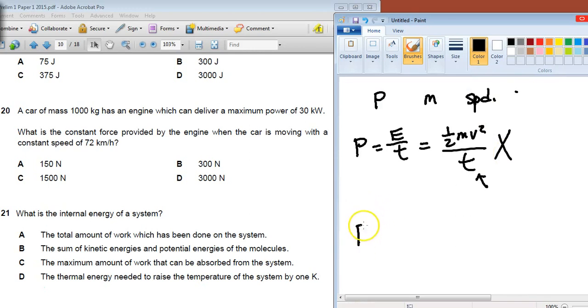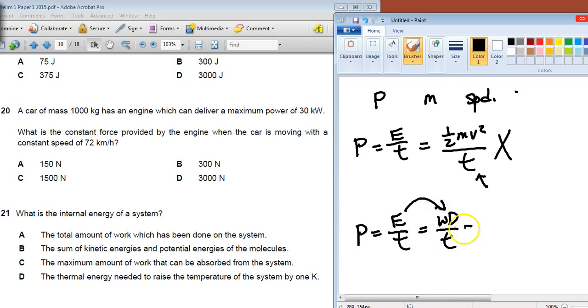The other one that can help you, P equals to E over T, is that, well, what combines with T to give you this speed? And the answer is distance. And where do you get this distance parameter from energy? Well, work done, right? So this energy is actually work done by the car engine.